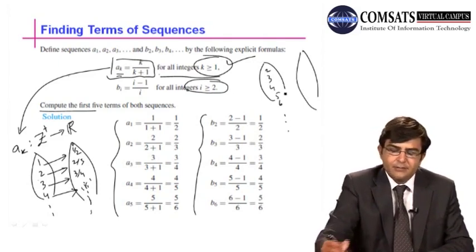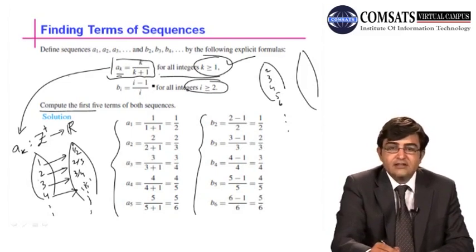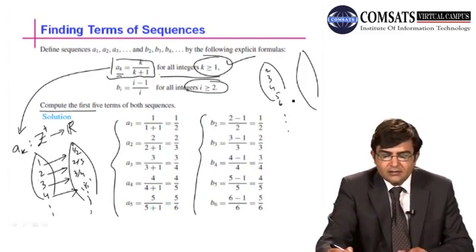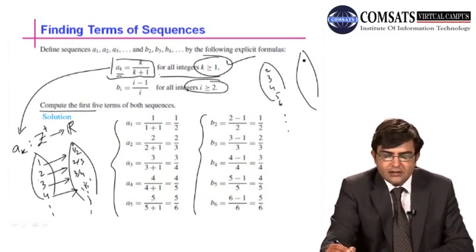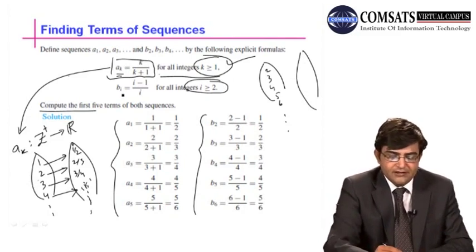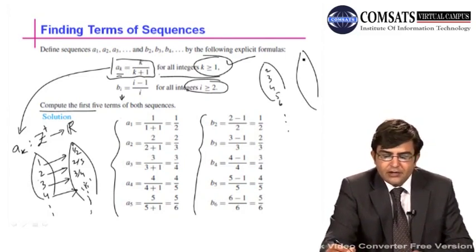The range depends on this formula, whatever it is defined as. This is basically i minus 1 by i. If we put 2 in this i, we get the first term b_2, which is 1 by 2, because 2 minus 1 is 1.